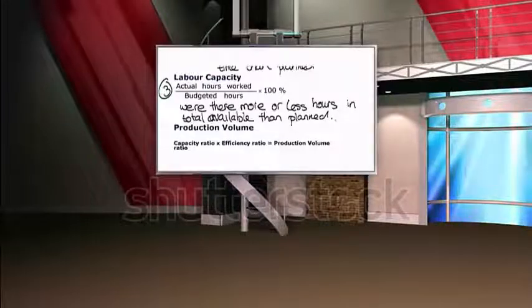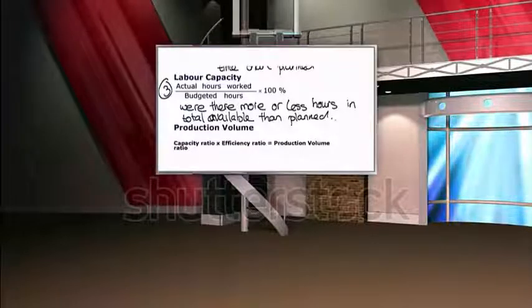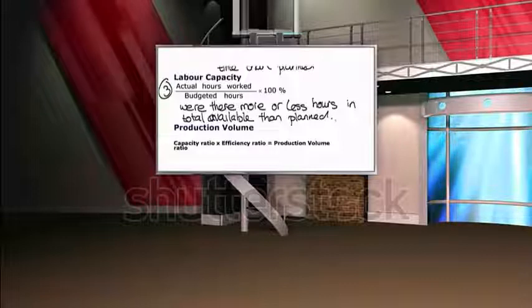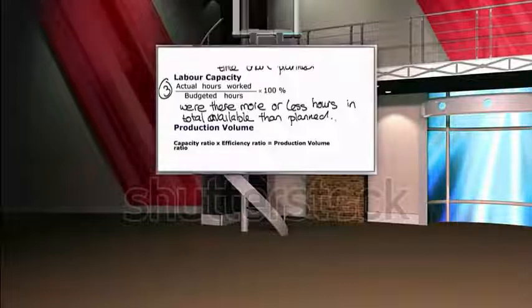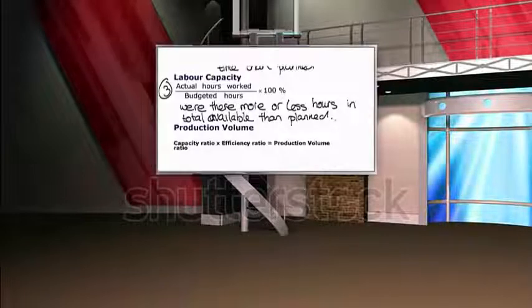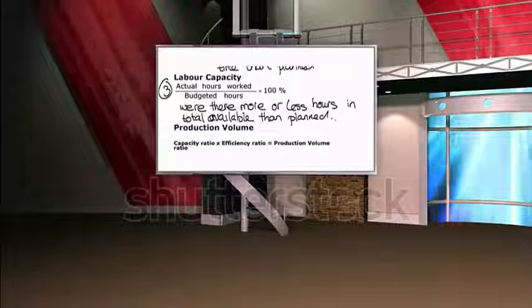So our labour capacity ratio looks at, did we have more or less resource available to us in relation to labour hours? And again, we want this ratio to be greater than 100%, indicating we have more hours available to us than we thought.